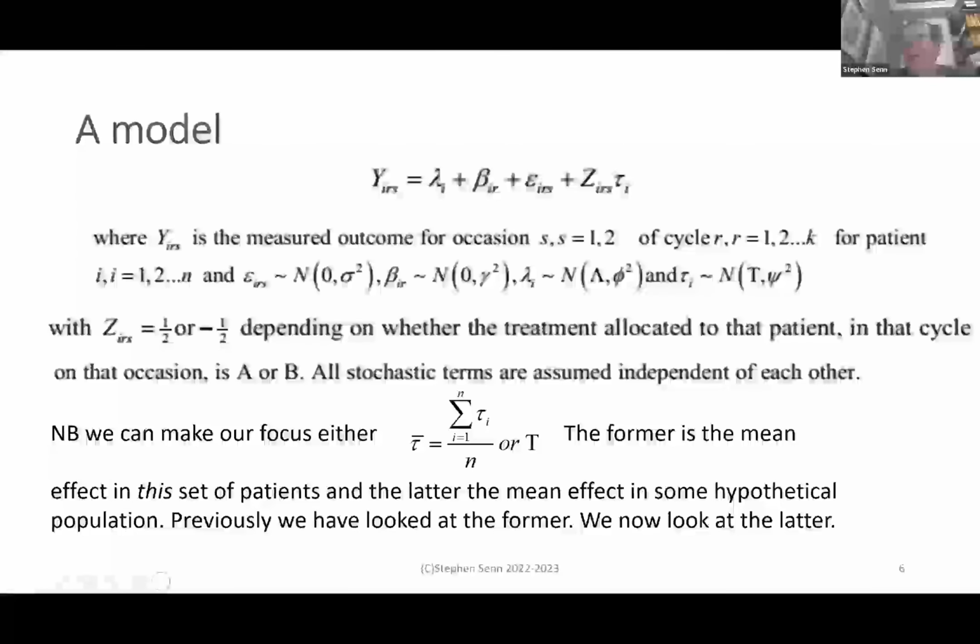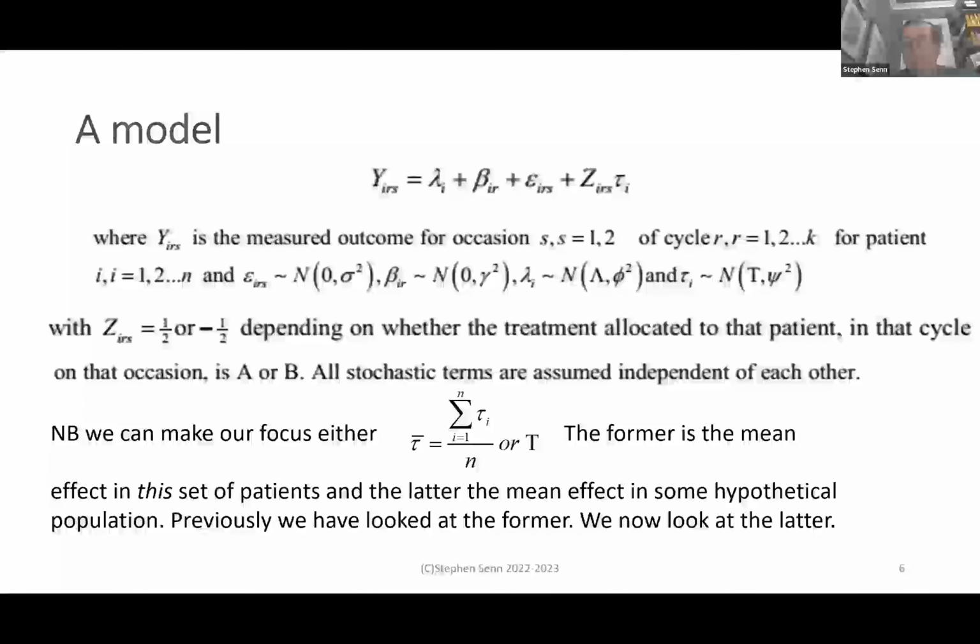And then we're going to have a look at this particular term, capital tau in particular, which is the average effect for the patients studied in the trial or studied as a whole. And that has a particular variance associated with it, which I'm using the symbol psi for. Now, the whole point about this is we need to be a bit careful with the indicator, because the treatment that a patient is given on a given occasion for a given cycle will vary depending upon the randomization scheme chosen.